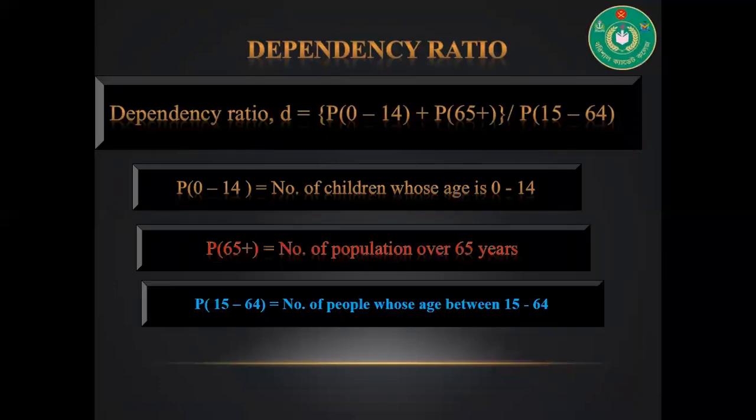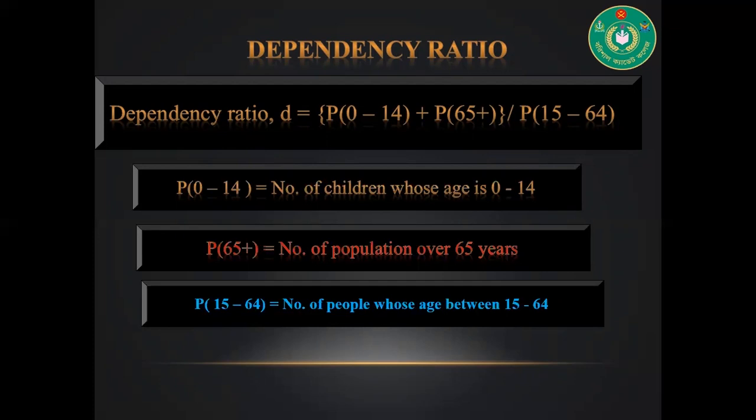Dear cadets, dependency ratio D equals P of 0 to 14 plus P of 65 plus, divided by P of 15 to 64. P of 0 to 14 means the number of children whose age is 0 to 14.